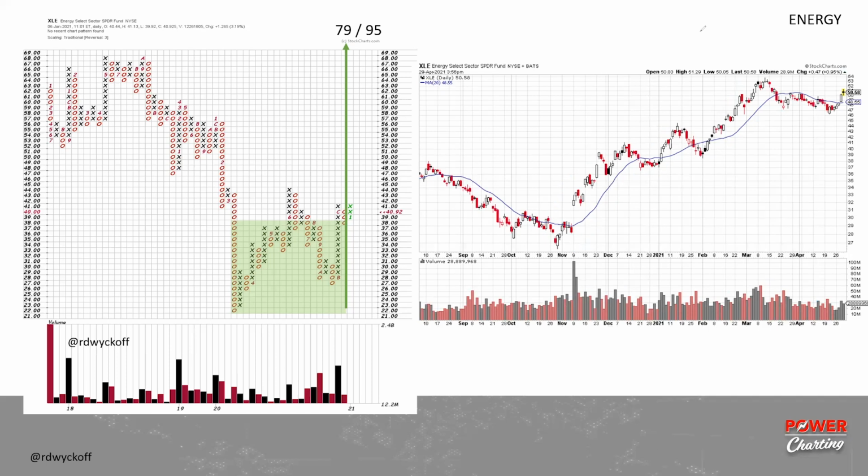Well, and in this chart on the left, the point and figure chart was one that we did at the beginning of the year to show this as being a favored market for performance in 2021. And that certainly appears to be working out that way. Look at this count potential, 79 to 95. At the time, this chart was around 40, 41, and you can see that we're now up around 50 and a half.